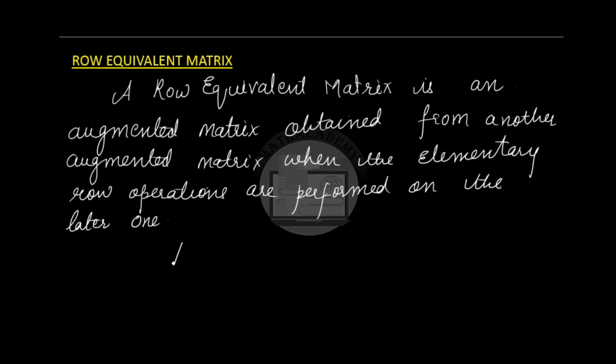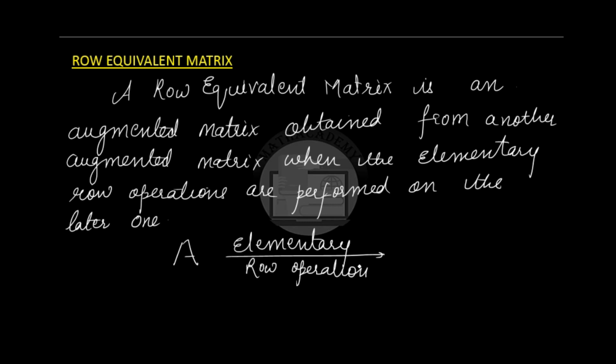So if we have a matrix A and we perform the elementary row operations on matrix A, and we get another new matrix, matrix B, then B is called the row equivalent matrix of matrix A.